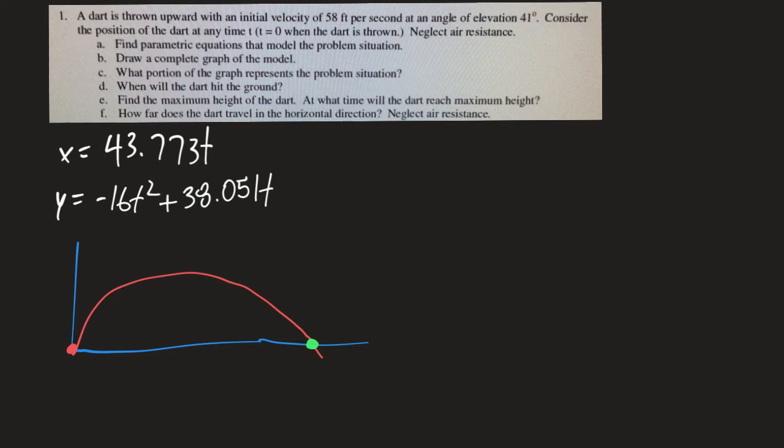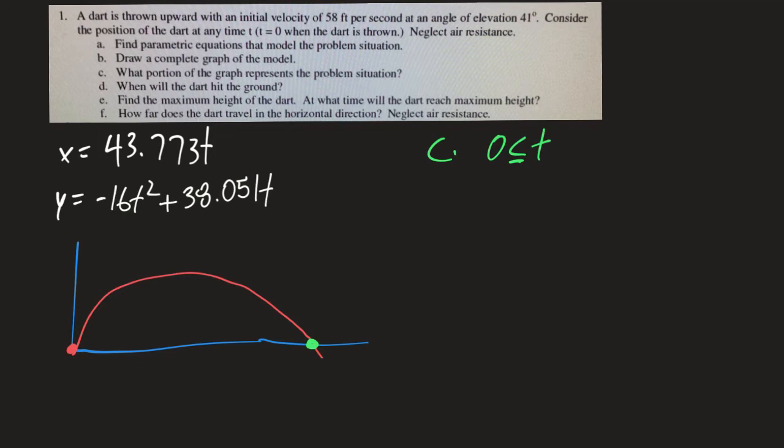Okay, so C actually asks us, what portion of this graph represents the problem's situation? So in part C, the first constraint I'm going to start with is that t is greater than or equal to 0. And the reason I'm going to put this is that t needs to start from 0, and I'm including 0 in there, but we can't really go back in time, right?